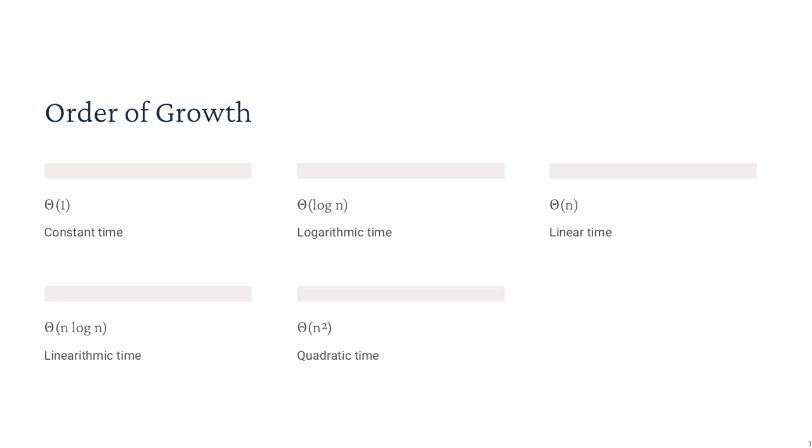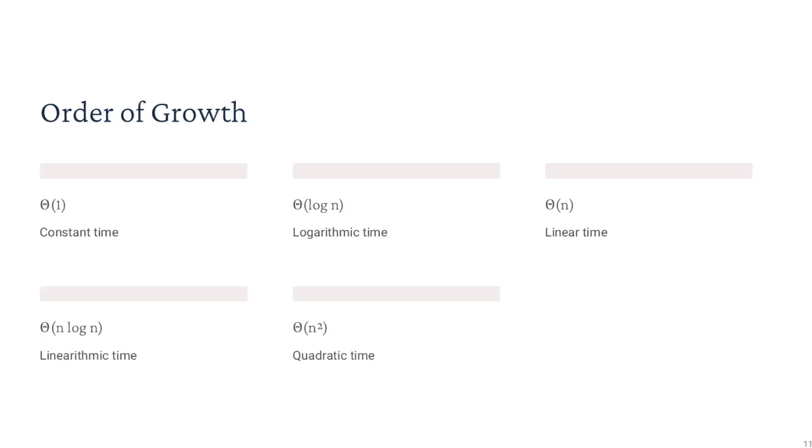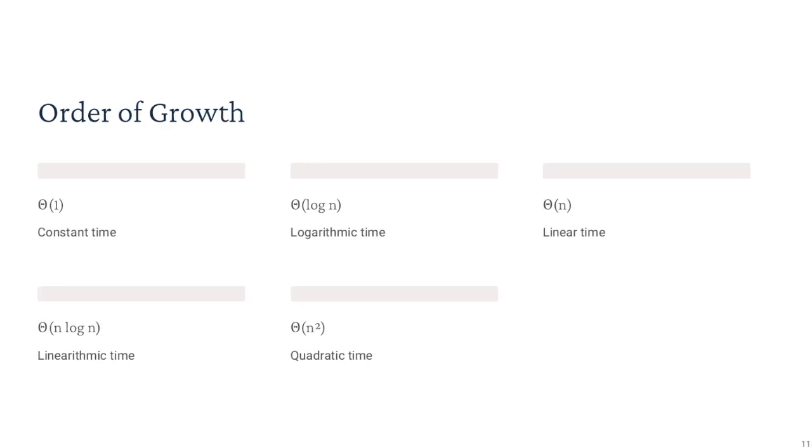Understanding the order of growth is fundamental to algorithm analysis. It provides a framework for comparing algorithms based on their scalability. Constant time, or Theta(1), represents operations that do not depend on input size. Logarithmic time, Theta(log n), arises in algorithms like binary search, where the problem size is halved at each step.